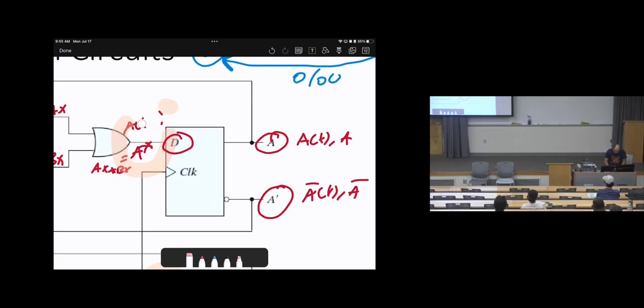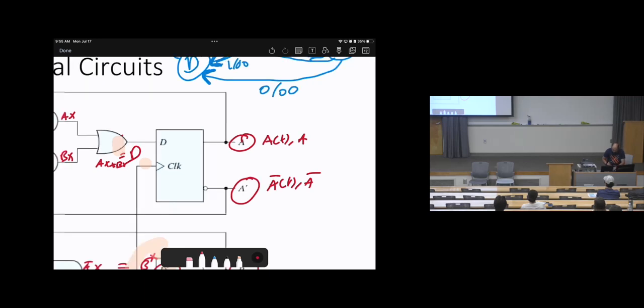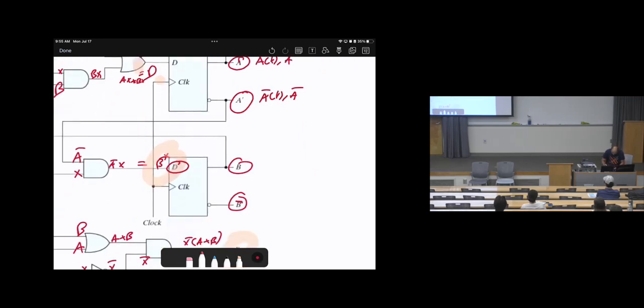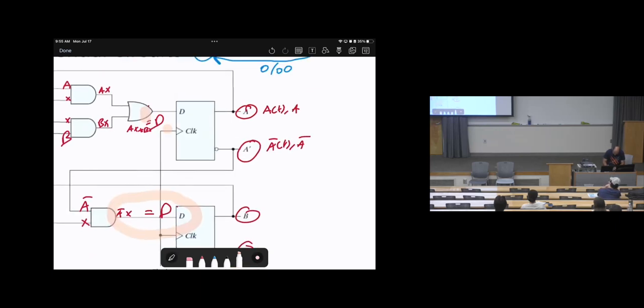Let me make this correction. I should say this is equal to D, and the same for that one. This should equal D. So I can say this is D1, this is D2. Okay?